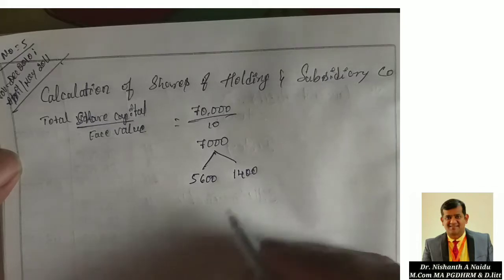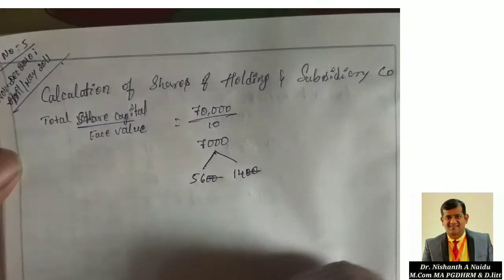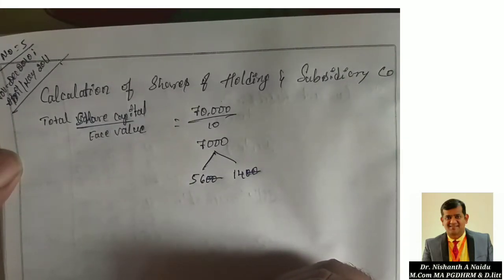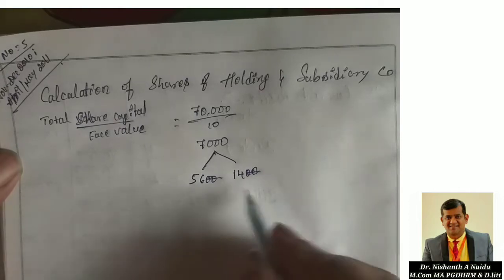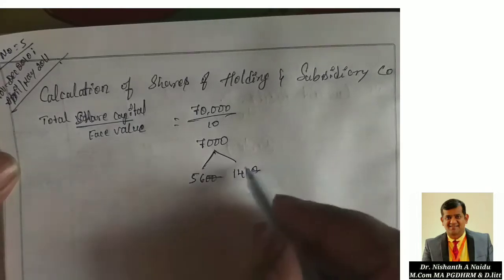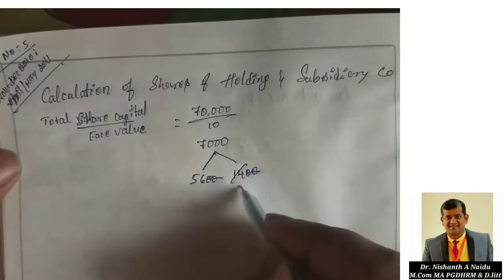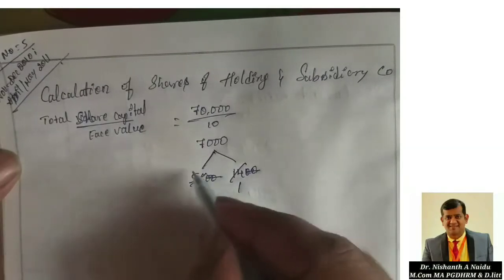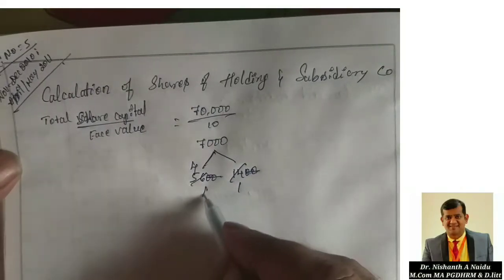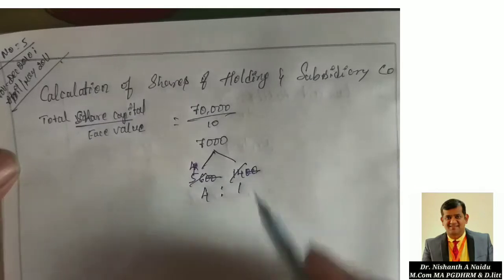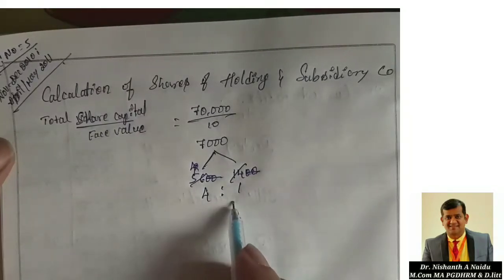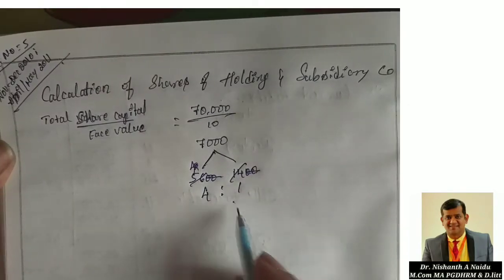Correct. So common factor 20, 20. Now if we want to simplify this, 14 ones are 14, 4s are 56. Correct. So that becomes 4 is to 1 as a ratio.